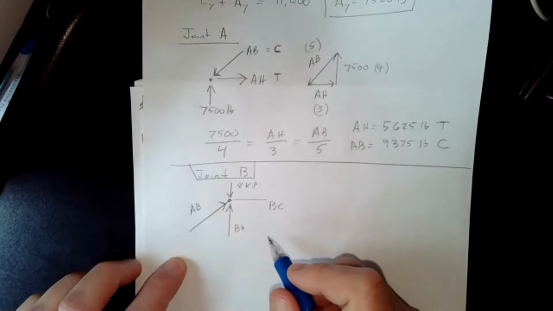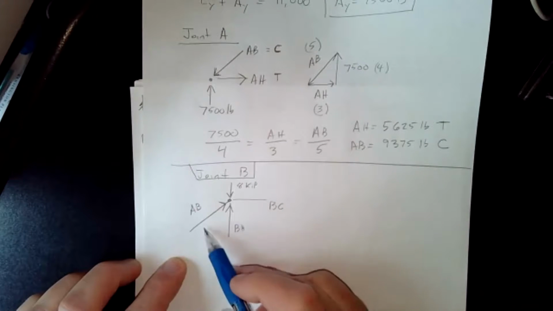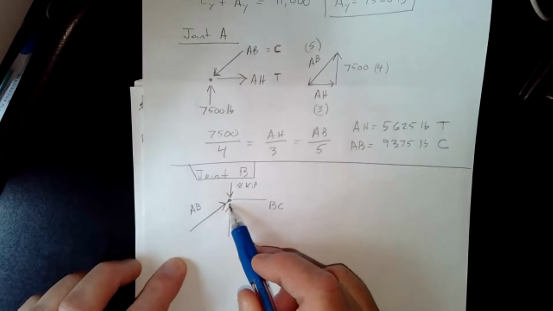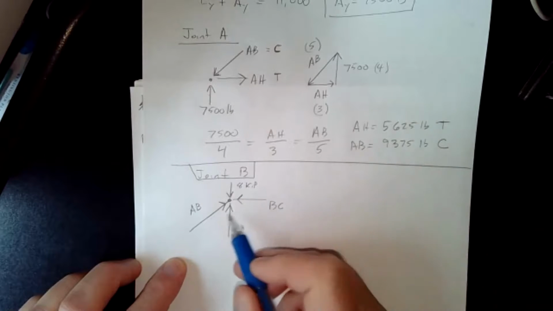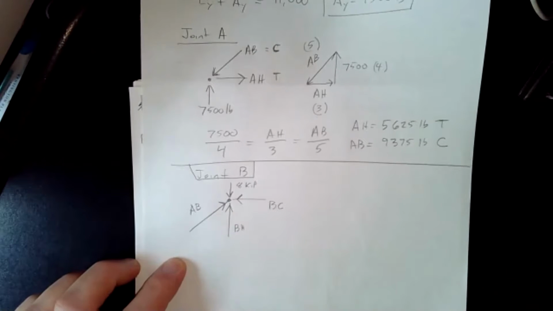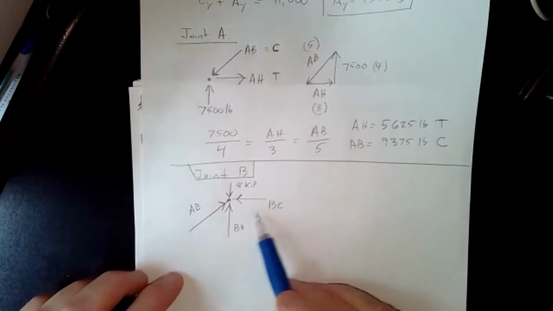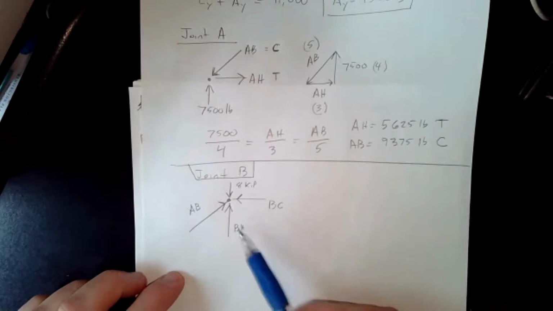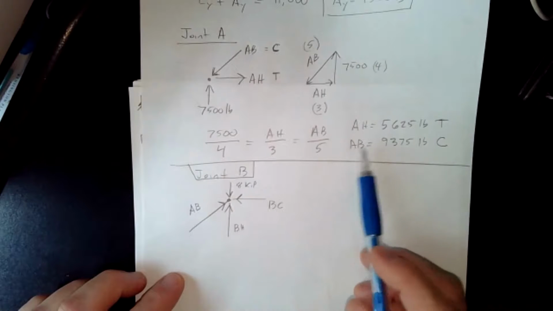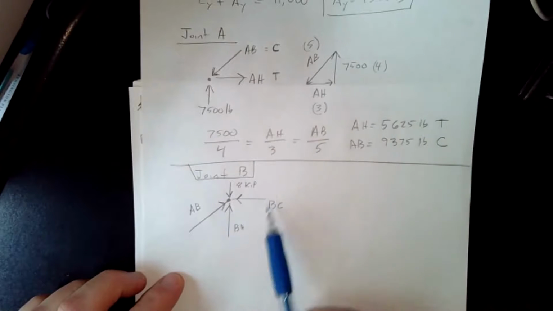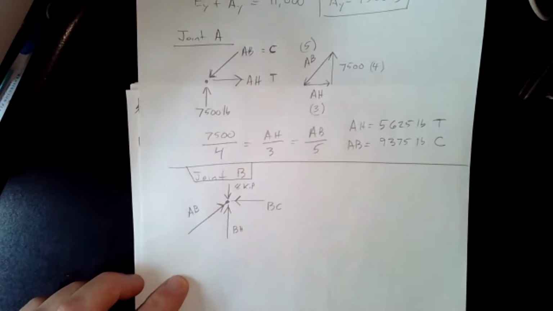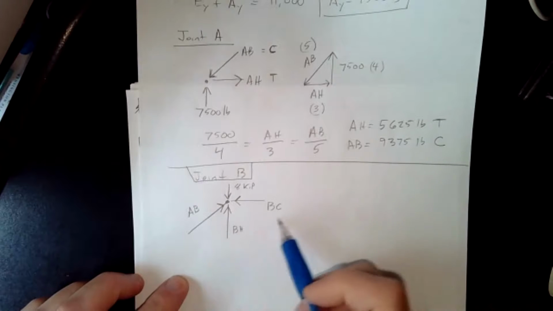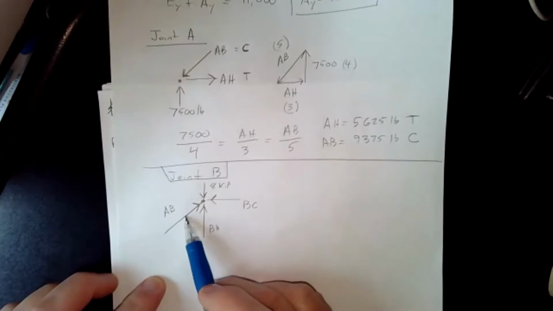And BC is going to have to point that direction to counteract AB's horizontal component. So you can deduce some of this just by looking at it. But if you're wrong, you'll just come up with a negative, and then I know I guessed the wrong direction.